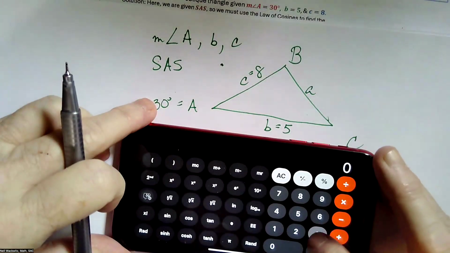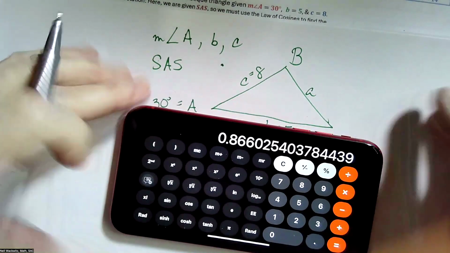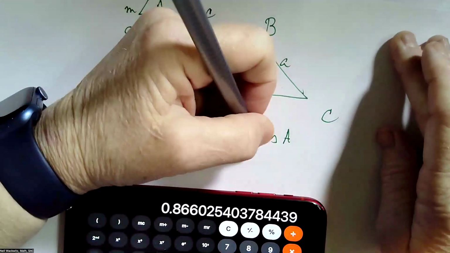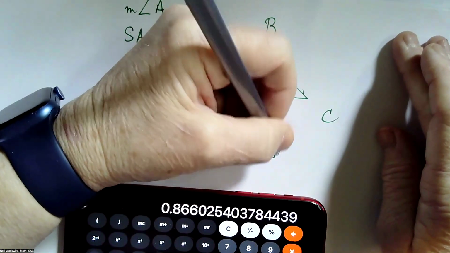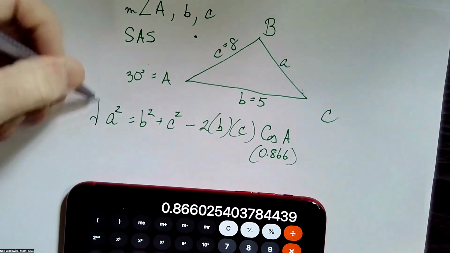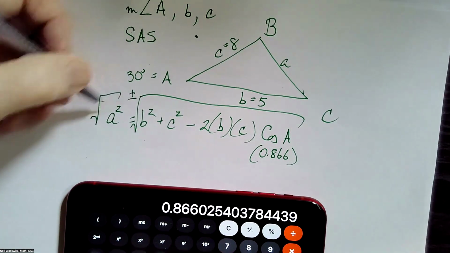We have 30 degrees. Cosine of 30 is 0.8660. Okay, so and I'm going to take the square root of all of that.